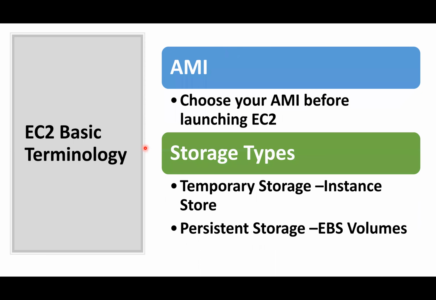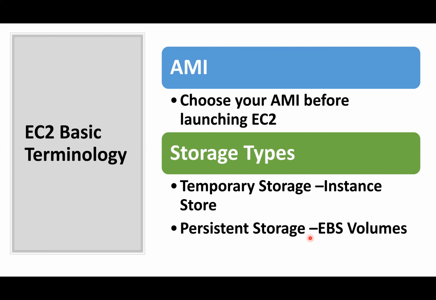All right. So AMI, I already told you in brief, is basically a software image. You have to choose an AMI before launching the EC2. EC2 provides you compute capacity in the cloud, so you will need some kind of storage. We can use two different types of storage. One is temporary storage, which is called instance store, and the second is persistent storage, which is called EBS volume.